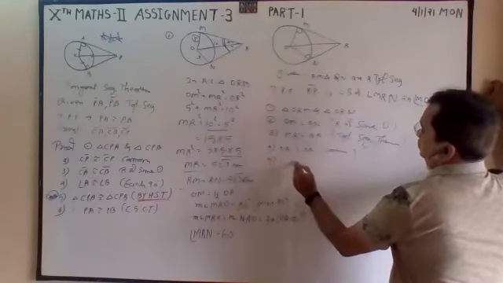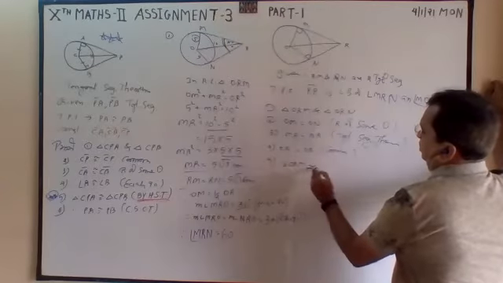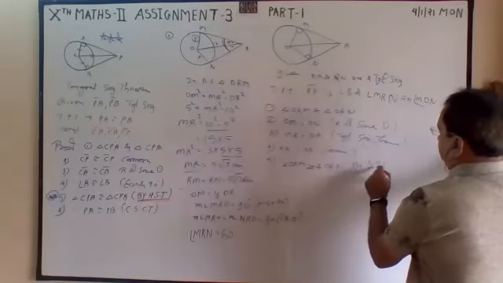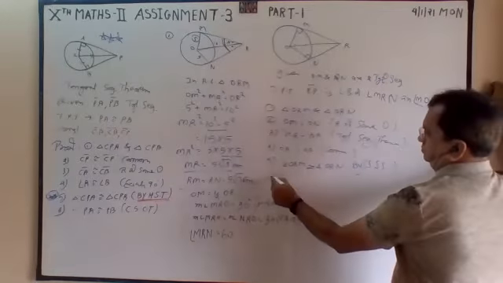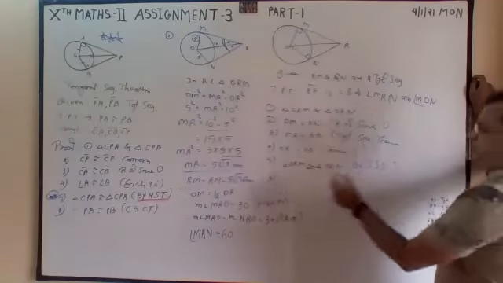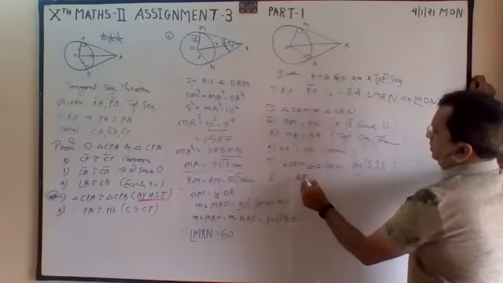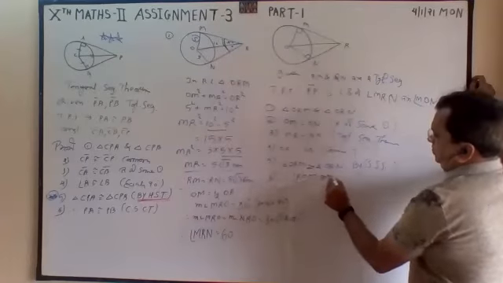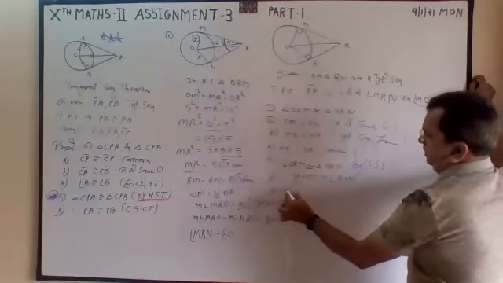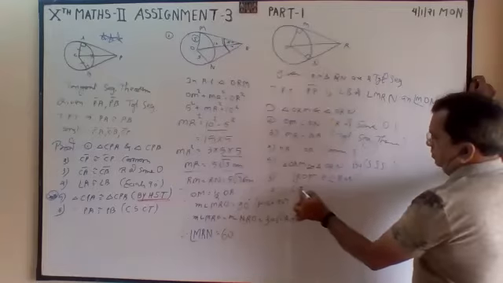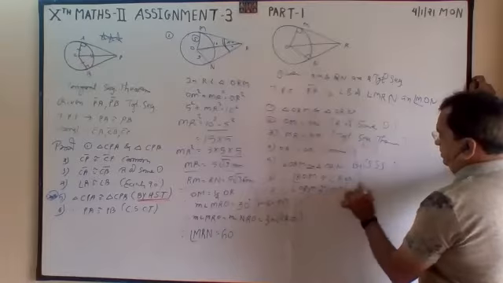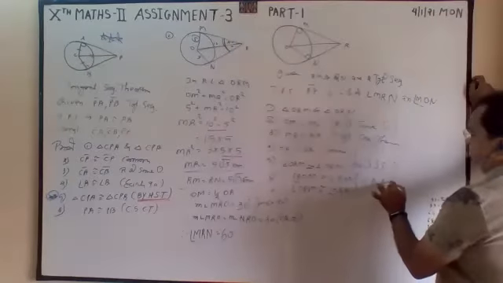Therefore, ORM congruent ORN. Therefore, ROM congruent RON and ORM congruent ORN, CACT.